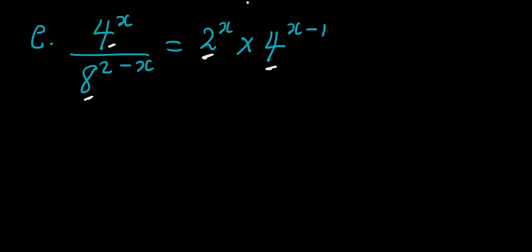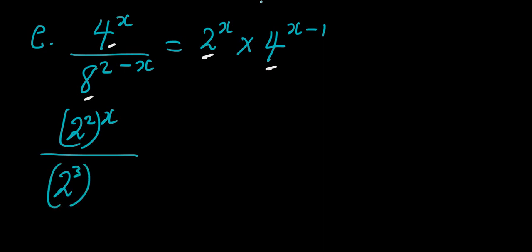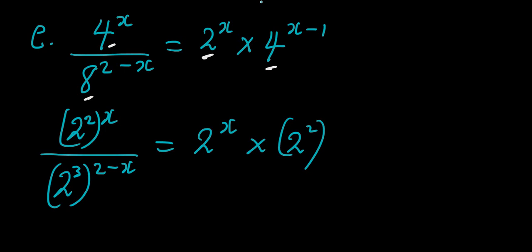So when we do that, this equation becomes 2 exponent 2, exponent x. We have changed 4 to 2 squared, over 2 exponent 3, exponent 2 negative x, is equal to 2 exponent x times 2 exponent 2, exponent x - 1.